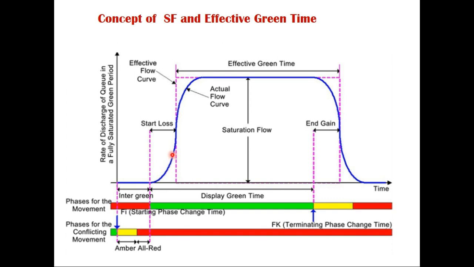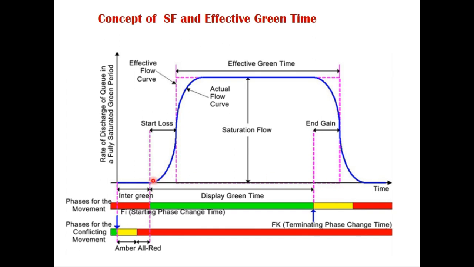Gradually it builds up and then it reaches the maximum point here. Then as long as the green time is available and the queue is available, the rate of discharge will be the maximum. After termination of the green time, at the start of the amber time, it again falls because some vehicles decide to continue and some drivers stop, and before the start of the red this must be 0.